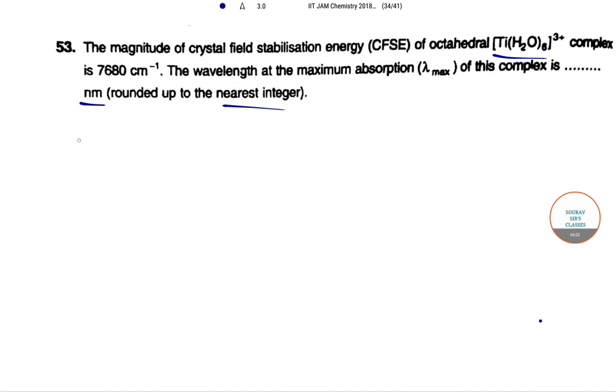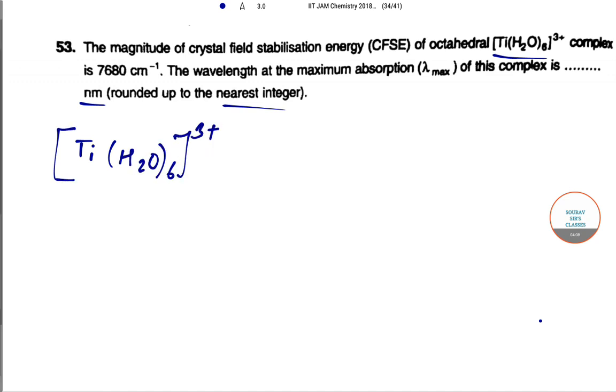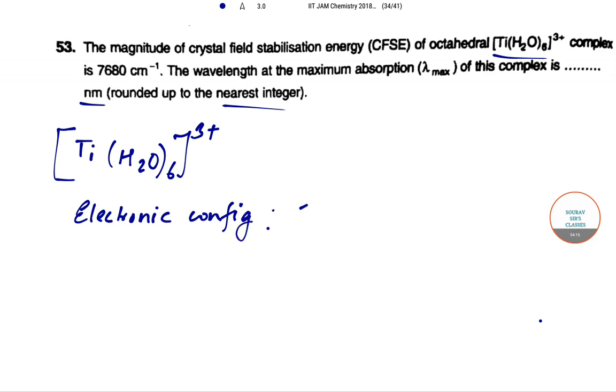So starting with the question, we have [Ti(H2O)6]3+. So the electronic configuration of this complex is argon 18, 3d1.